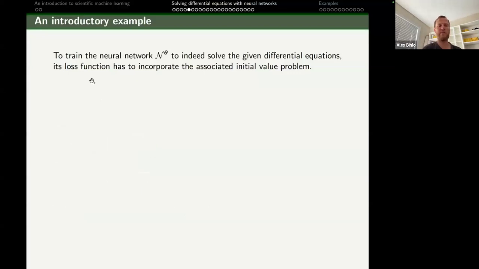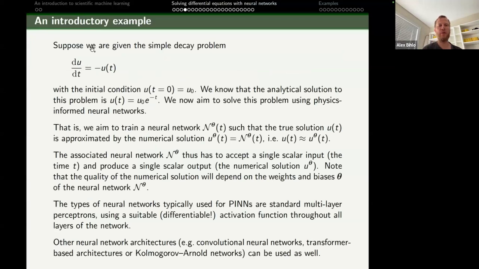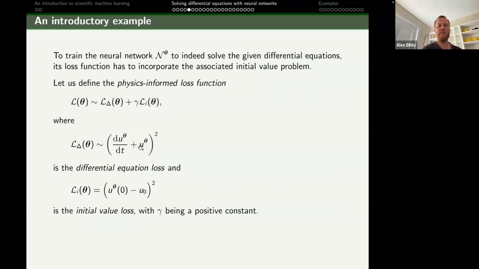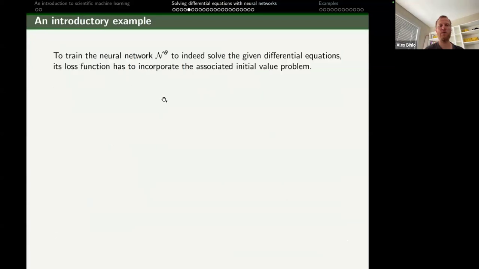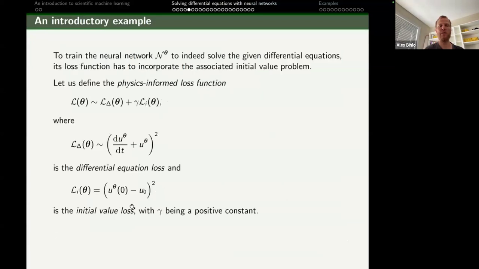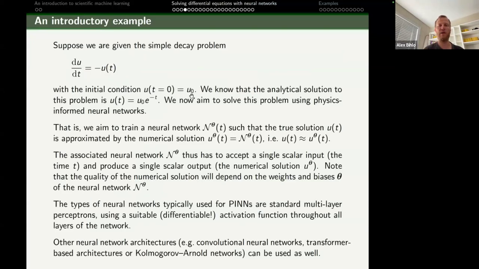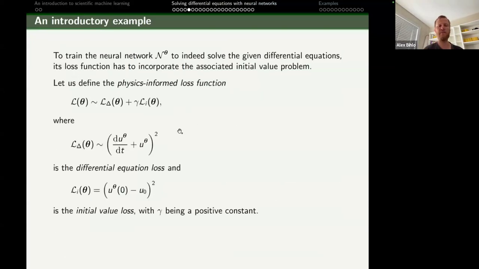We have our differential equation here and our initial condition here. We define a loss function which says we want this expression to be 0, because if it is 0, then our differential equation holds. And we want this expression to be 0, because then our initial condition is satisfied.